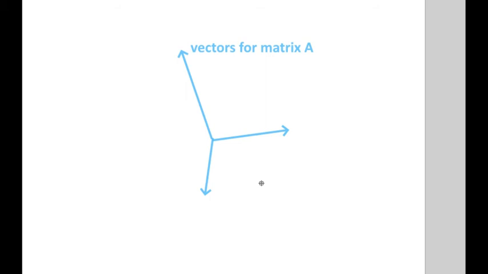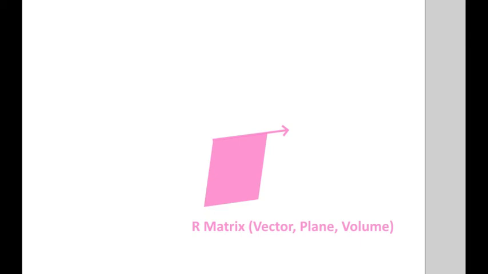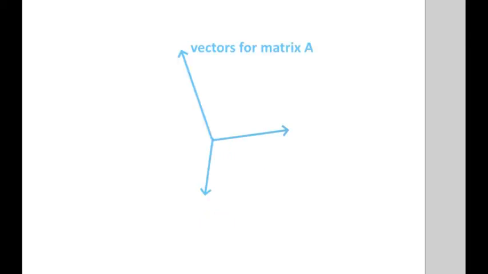So first, we want to come up with an orthonormal vector Q for A.